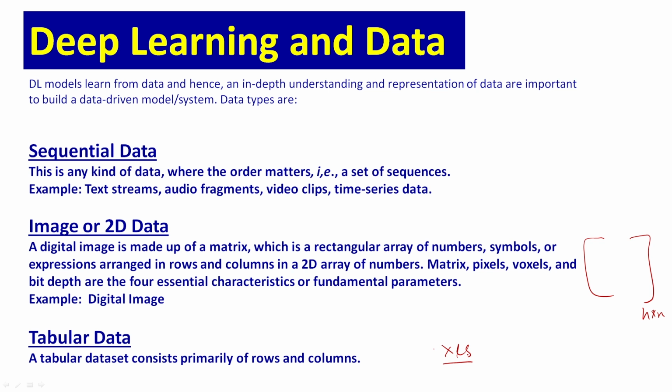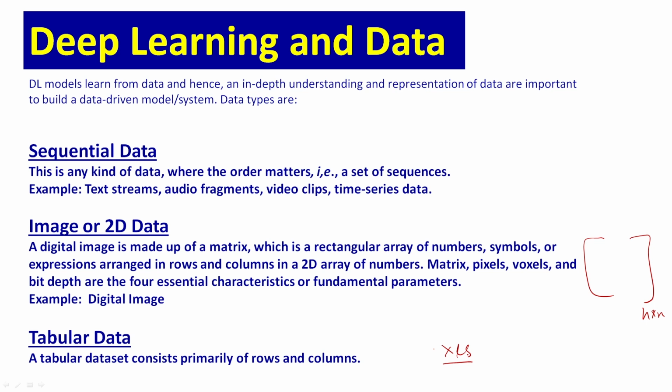So, deep learning models can learn efficiently on tabular data. That is very important. It allows us to build data-driven intelligent systems much more easily than any other technique. These kinds of data, sequential data, image data or tabular data, are very common in widespread applications of deep learning.